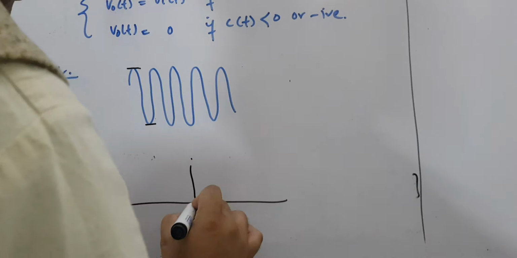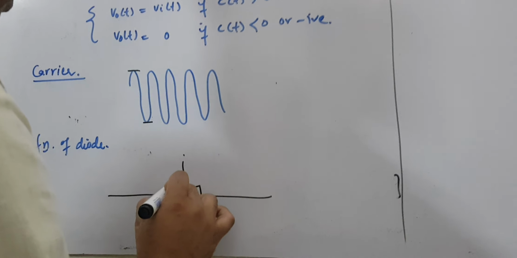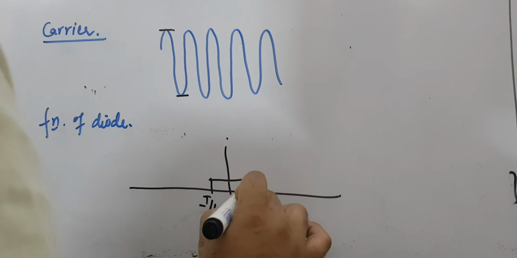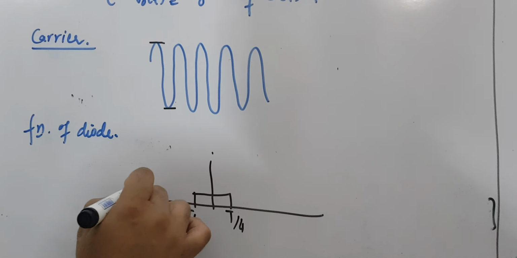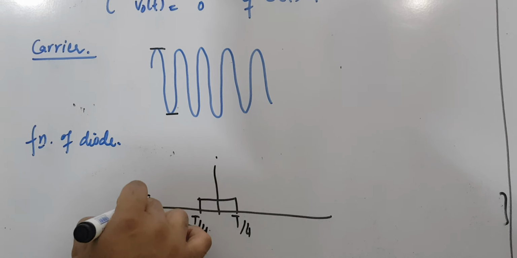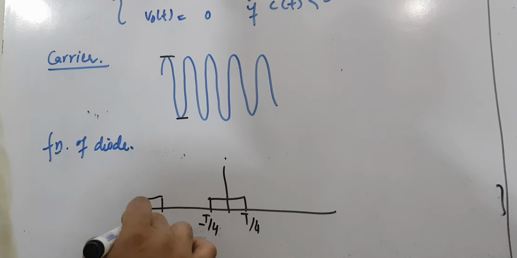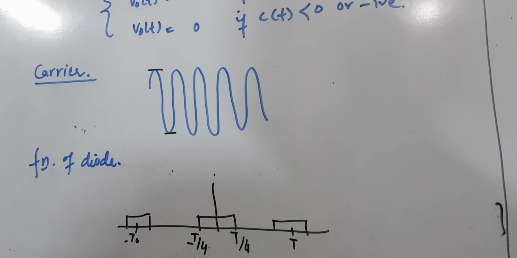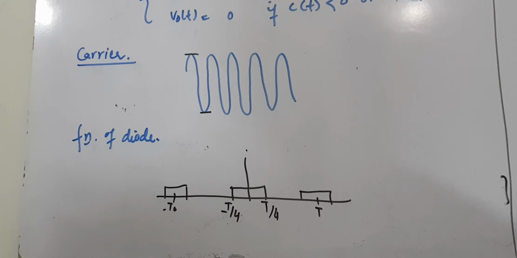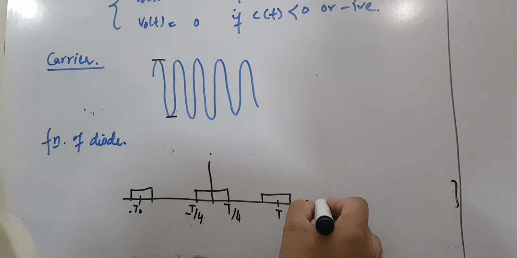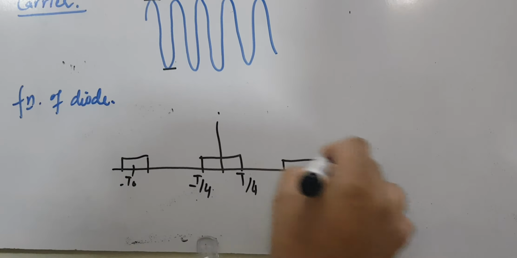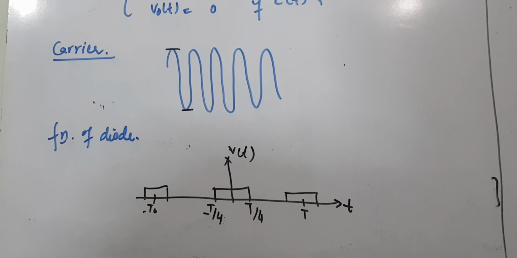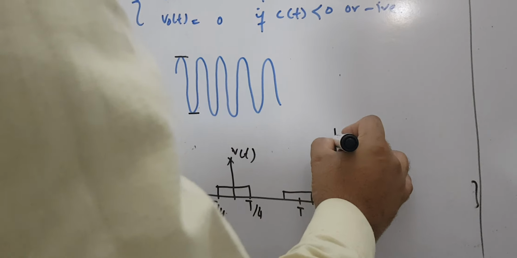So it means that you have pulses something like this, from minus T/4 to T/4, and another pulse from minus T to T. These are the pulses that the diode will give you as output. It looks like a half duty cycle.